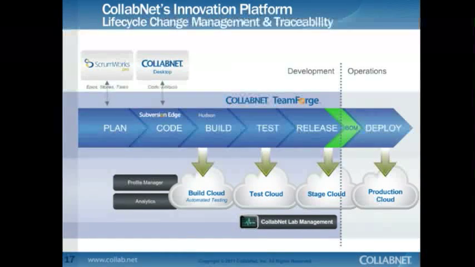Okay, great. Thanks, Paul. I just wanted to talk a little bit about the CollabNet solution for these DevOps initiatives that we're seeing out there that our customers are trying to handle with technology. Traditionally with Agile ALM, we talk about collaboration between the business and development.